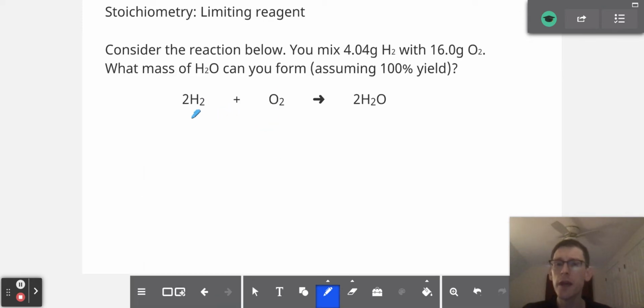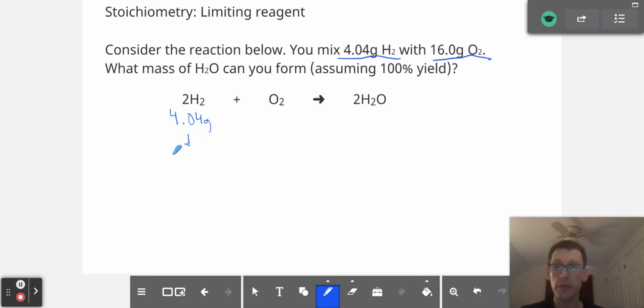So how can we do calculations that include limiting reagents? Here's what we can do. We can say that in this problem, we have 4.04 grams of hydrogen and 16.0 grams of oxygen. What I can do is I can say that we have 4.04 grams of hydrogen.